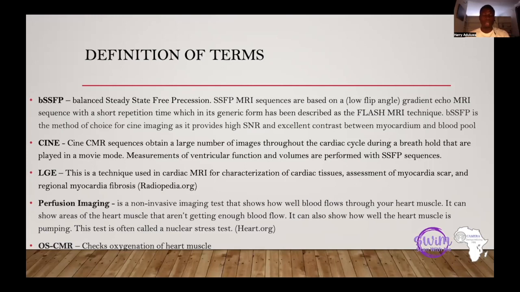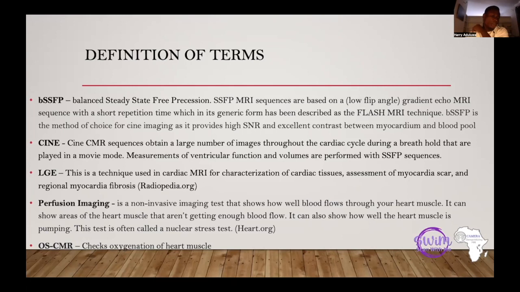The new recent MRI they do now that doesn't really give you much headache and doesn't require injecting the patient with contrast is the oxygen sensitive cardiac MRI, whereby you analyze the oxygen content within tissues, within the myocardium. And then you are able to know the areas which are not really perfused with oxygen, and then you can rule out indications like fibrosis and amyloidosis.